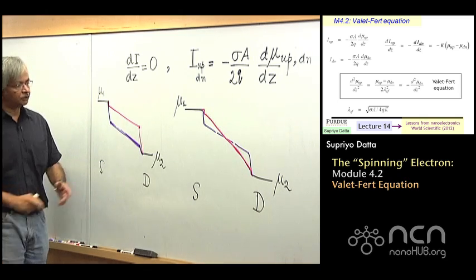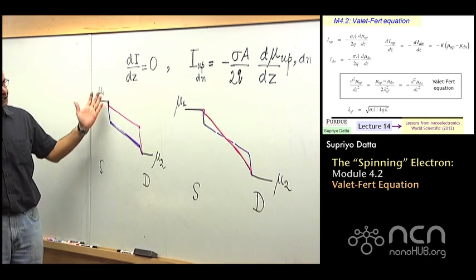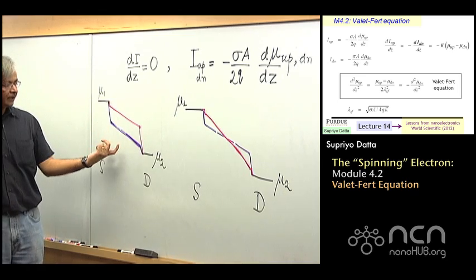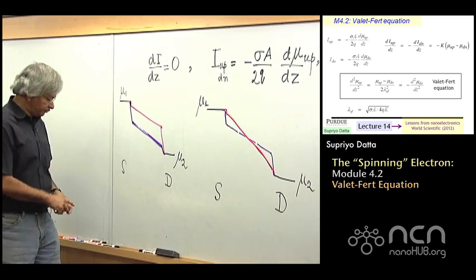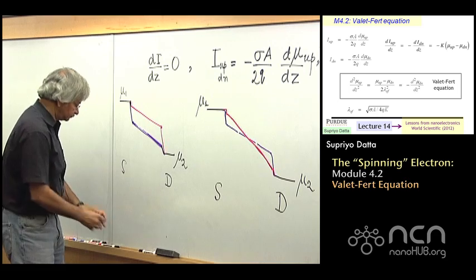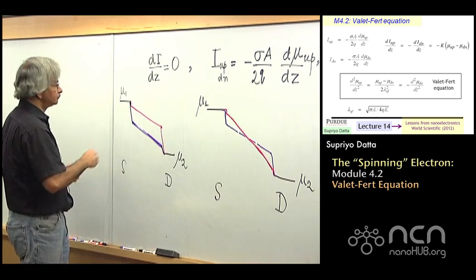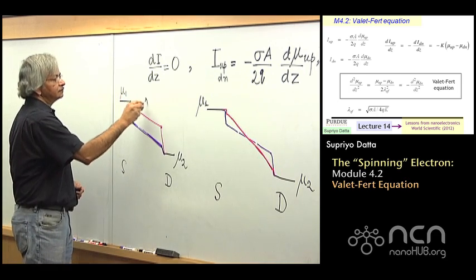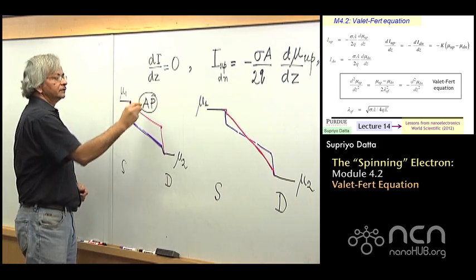So this is what you'd expect the potential profile to look like in the anti-parallel configuration. This is anti-parallel, this is parallel.